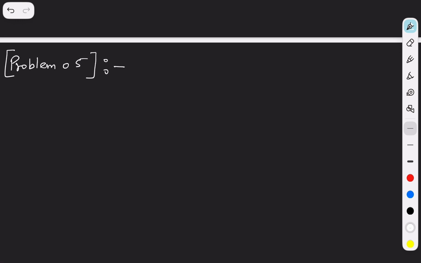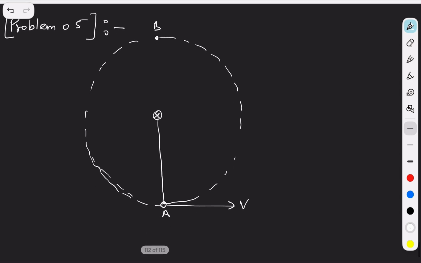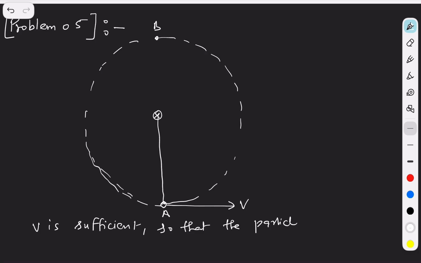So this is the point A and this is the point B. They are saying that V is sufficient so that the particle can reach point B.